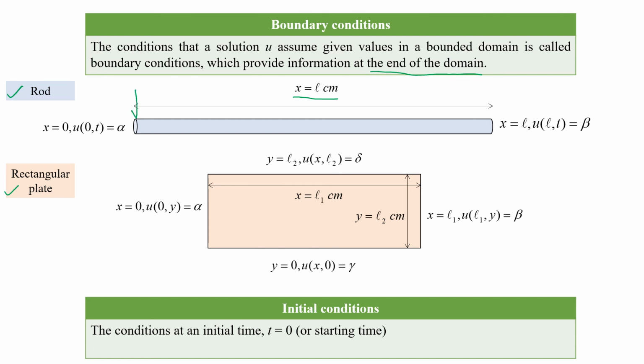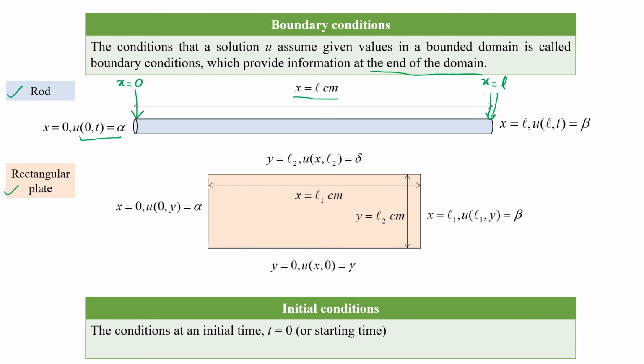The first one is here, when x is equal to 0, and the other condition is when x is equal to L, which is the end of this rod. Given that when x equals 0, the value of u is equal to alpha, and when x is equal to L, u is equal to beta.